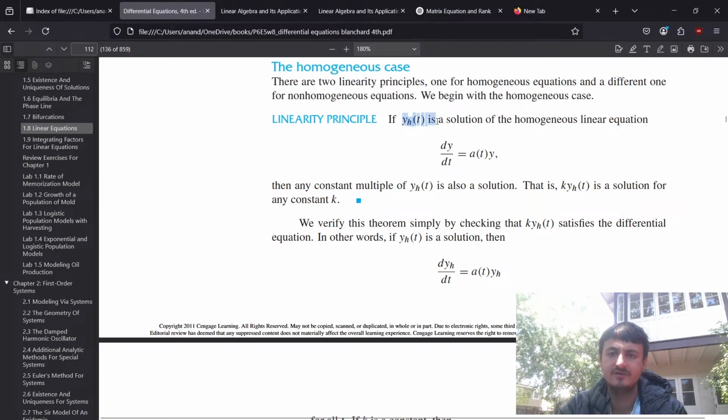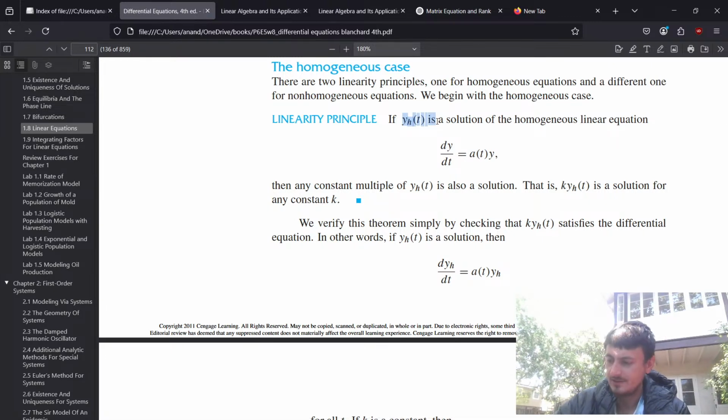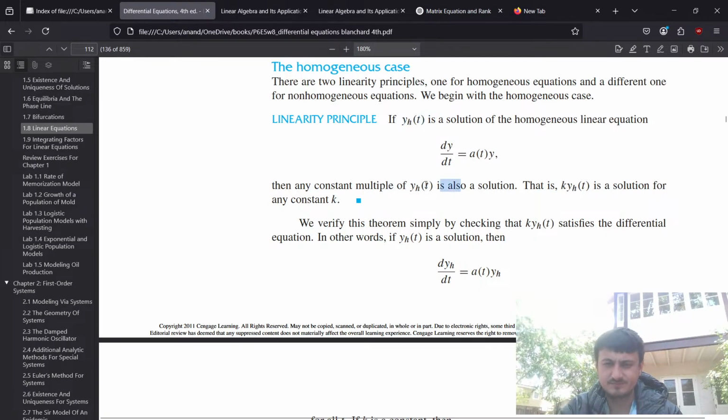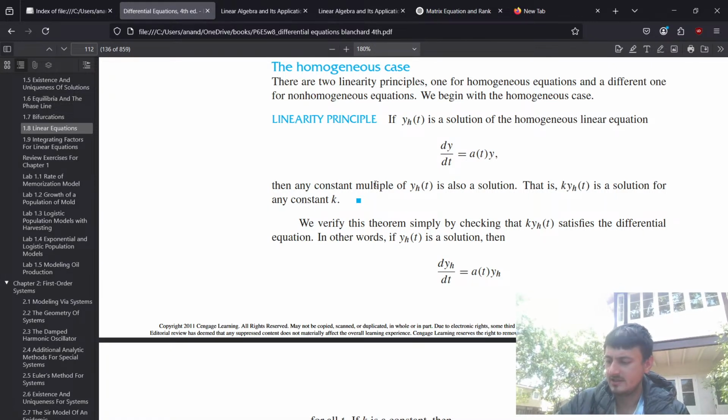Linearity principle 1: if y sub h of t is a solution of the homogeneous linear equation y dot equals a of t y, then k times y sub h of t is also a solution.